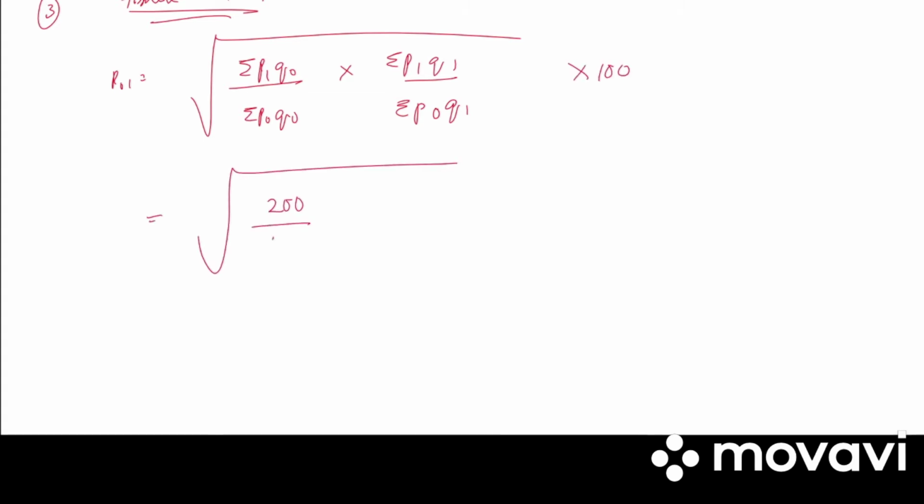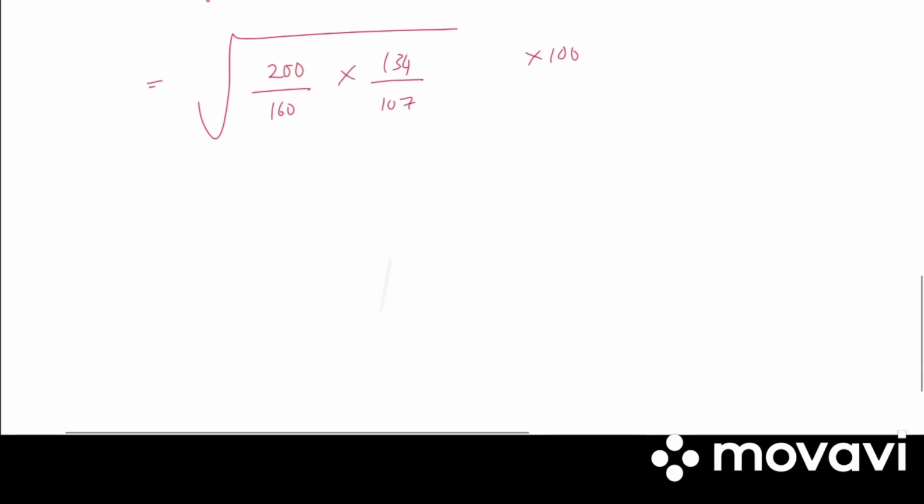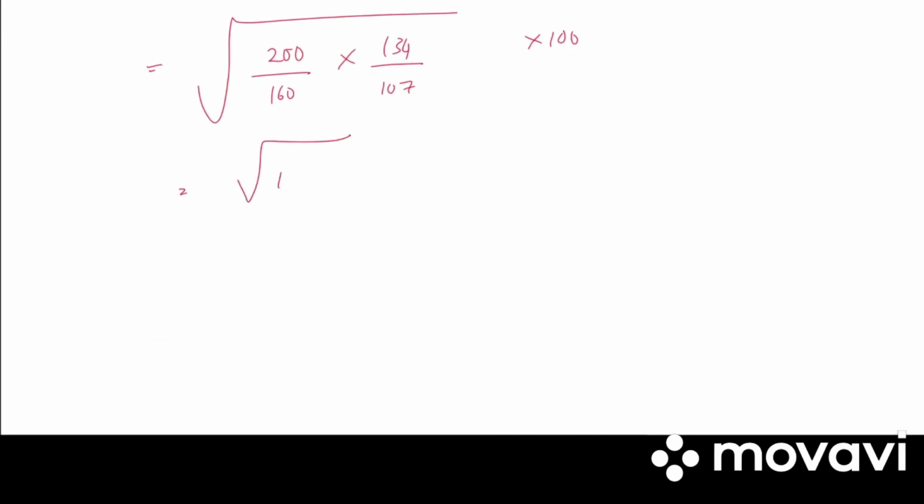Square root of 200 divided by 160 into 134 divided by 107 into 100. Square root of 1.5654 into 100, that is 1.2512 into 100, it is 125.12. Clear?